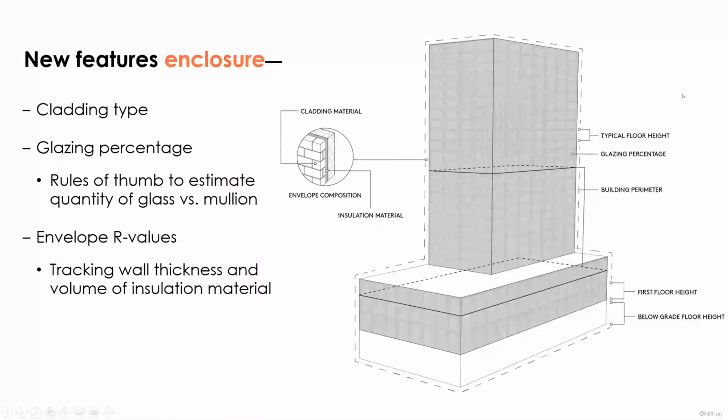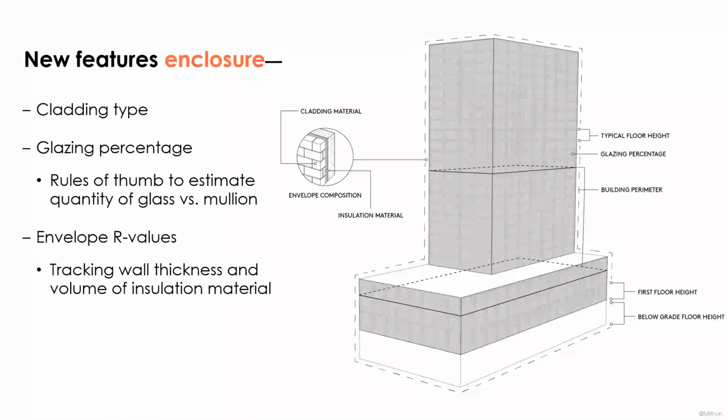Speaking to enclosure, we now want to include different options for cladding types, for glazing percentage, and then also for that envelope thickness. We know that insulation can be a hot spot, and so we want to make sure that we are giving a more precise picture of the embodied carbon of the enclosure, particularly when folks might compare this to operational energy.